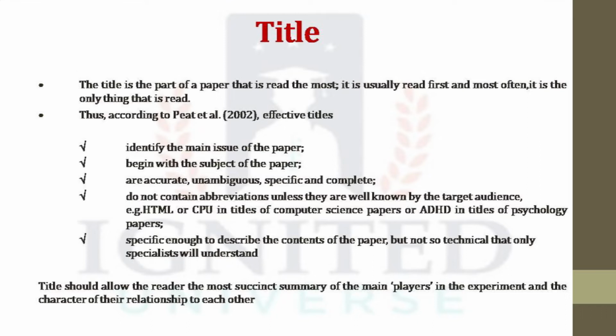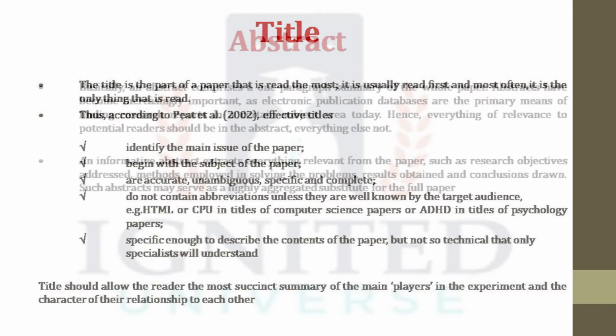The title should be good enough to convey to the readers the summary of the main players in the experiment and the character of their relationship to each other. Like, consumer buying behavior towards organic food, a study in Delhi NCR. So this is a comprehensive title which can be used for writing a research paper title.